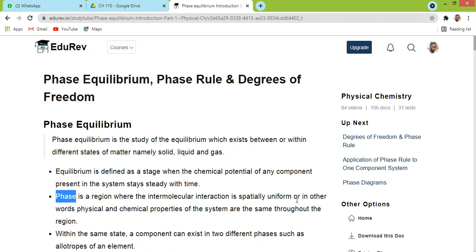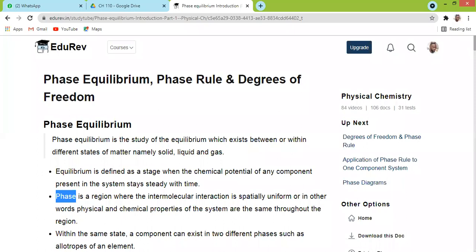So if you look at a solid, it will have the same physical properties as well as chemical properties. If you take water as a solid, it has the same properties irrespective of which side of the solid you're going to be looking at, meaning these properties are what? Uniformly distributed. That's what a phase is. So a solid is a phase on its own.